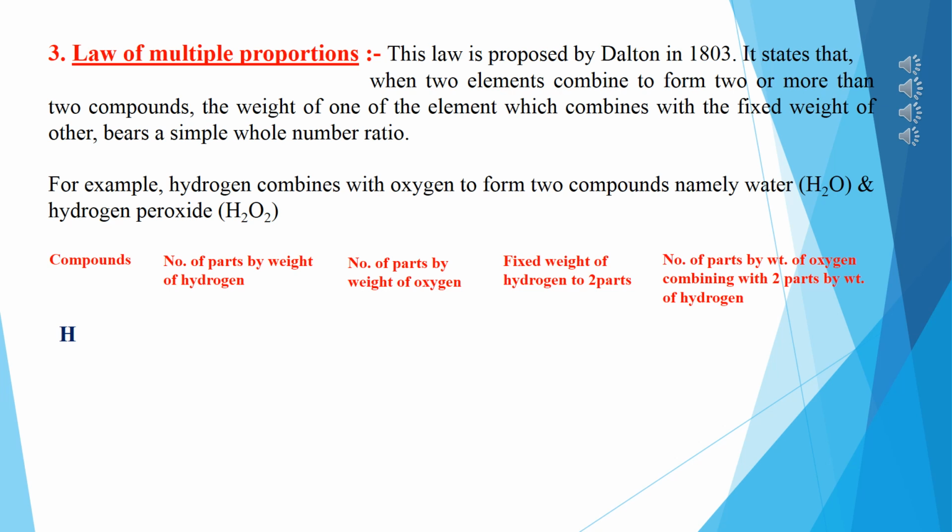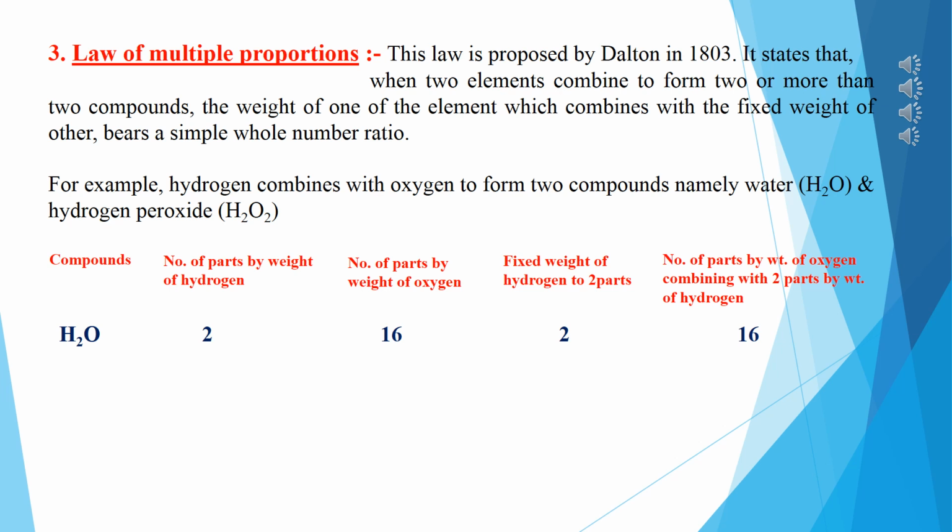In water, the number of parts by weight of hydrogen is 2 and the number of parts by weight of oxygen is 16, because in water there is one oxygen atom and two hydrogen atoms. So let's fix the weight of hydrogen to 2 parts. Then the number of parts by weight of oxygen combining with the 2 parts by weight of hydrogen comes out to be the same, that is 16.